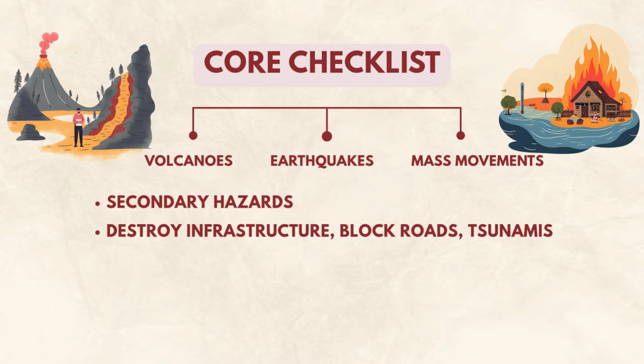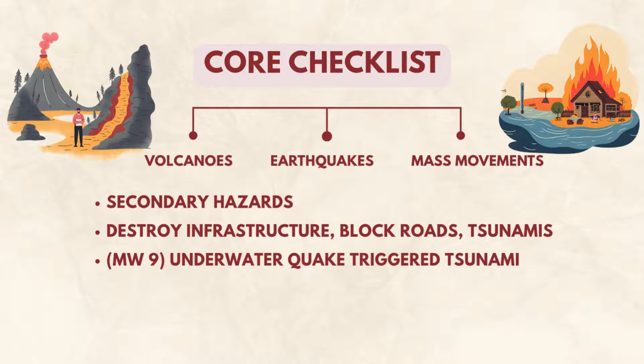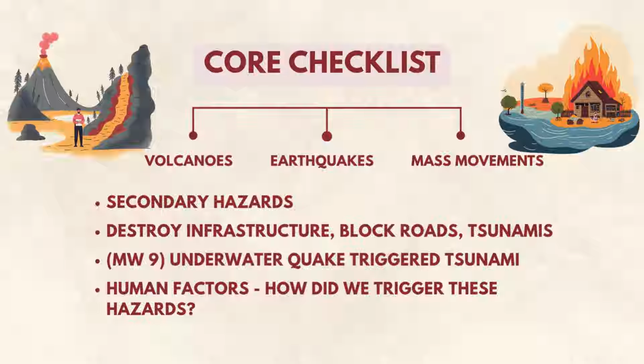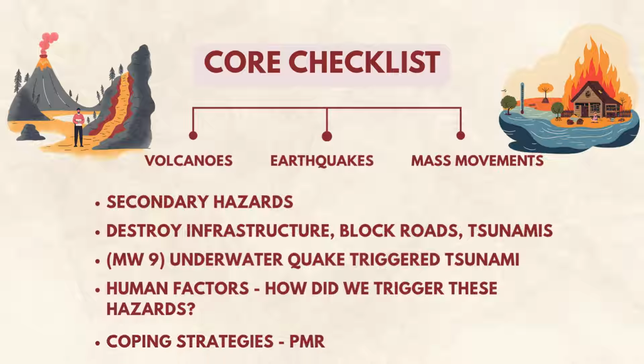For example, in 2011, the second largest earthquake in the 21st century occurred in the Pacific Ocean, triggering a devastating tsunami in Japan. We also need to consider how human actions may have triggered or intensified these events. And lastly, disaster coping mechanisms, including pre-event prediction and mitigation, as well as post-event responses, which is something I mentioned earlier that's always tested. Right, let's get into the notes now.